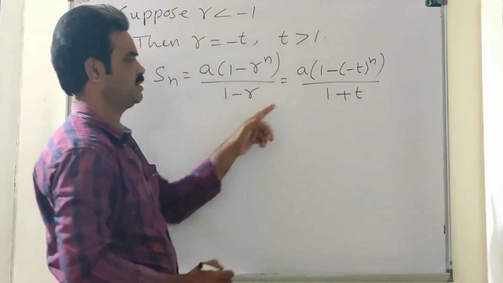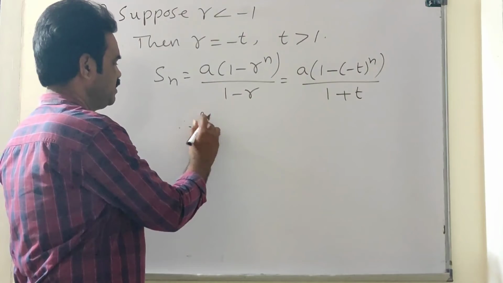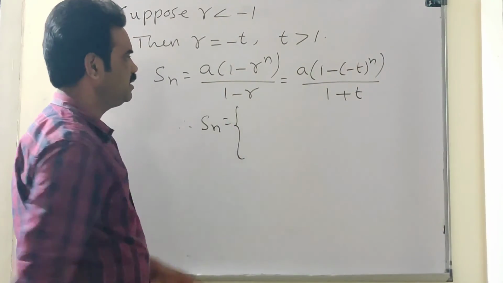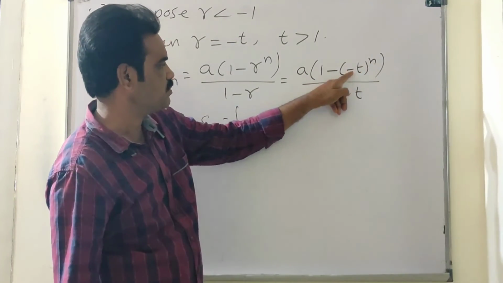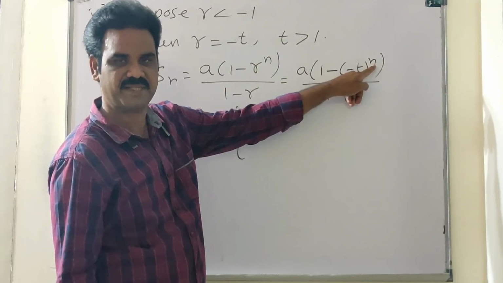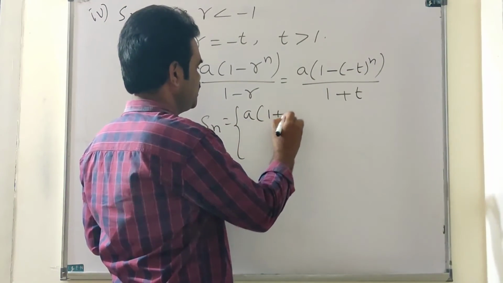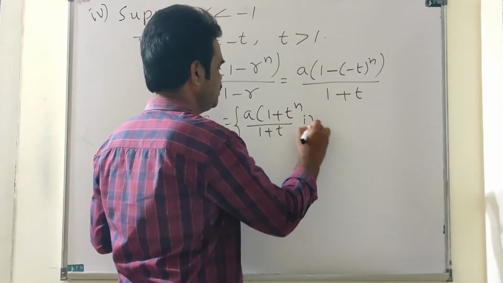Therefore, suppose n is odd. If n is odd, then minus t whole power odd is minus t power n. Then a into 1 plus t power n by 1 plus t if n is odd.